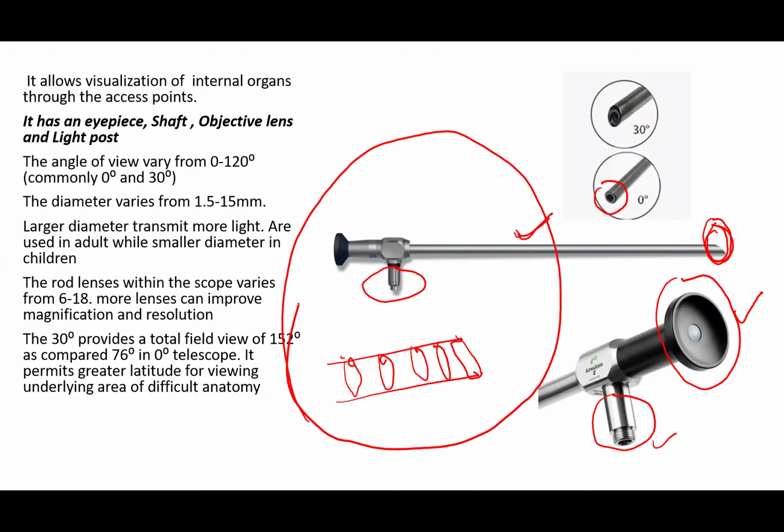That's why some laparoscopic surgeons, especially Professor Mishra, will advise people to even start with the 30-degree telescope so that they are already used to it from the very beginning.